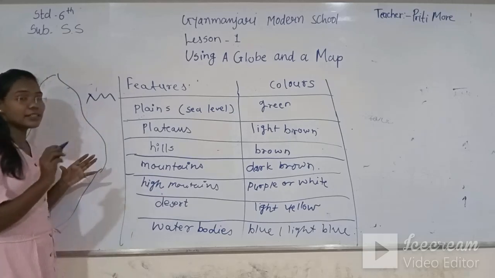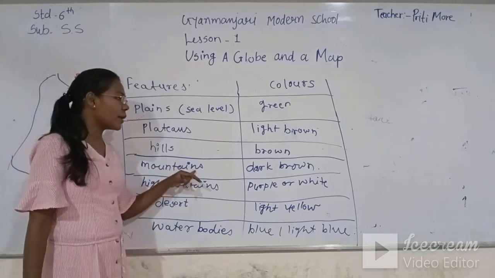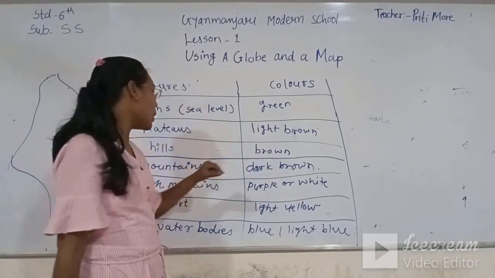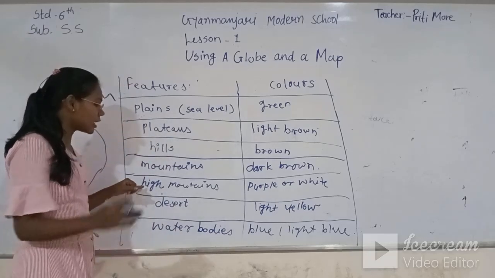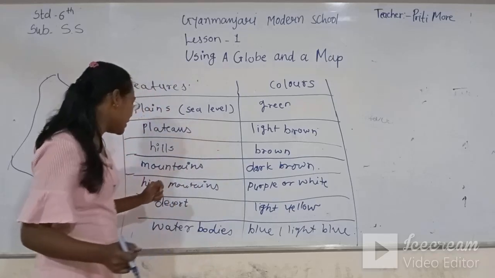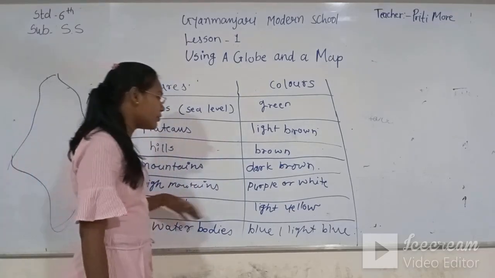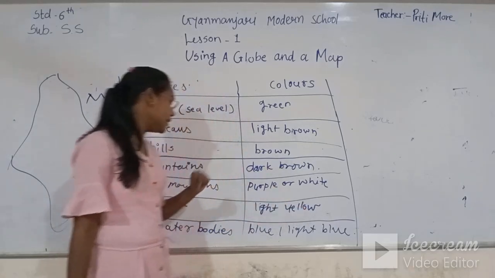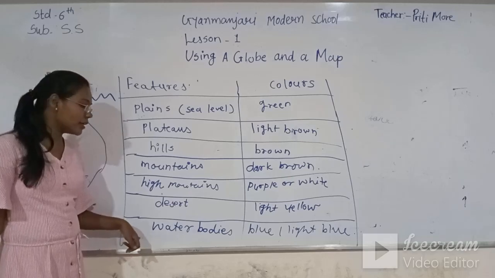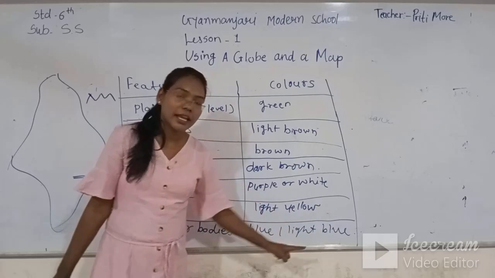That means you will see the hills on the map in brown color, and for the mountain, dark brown color. And for high mountains, purple or white color. Right? Now if we have to see the desert on the map, it will be in light yellow. And if we have to see the river, ocean or water area on the map, then you will see it in blue and light blue color.